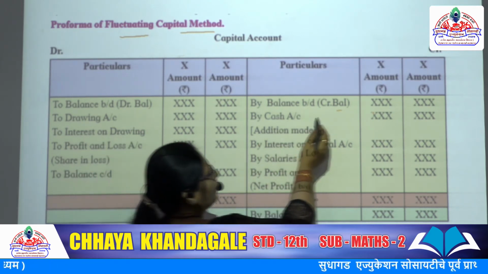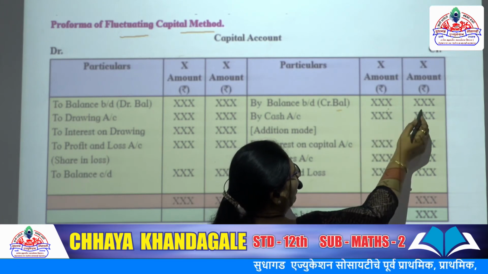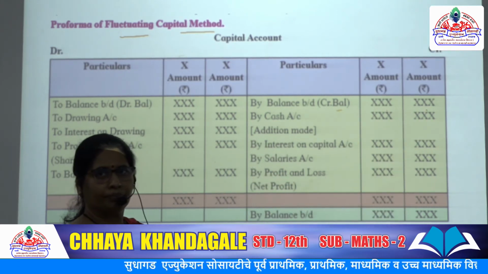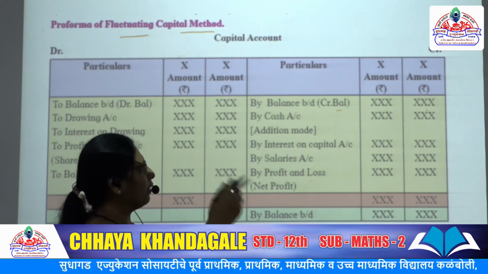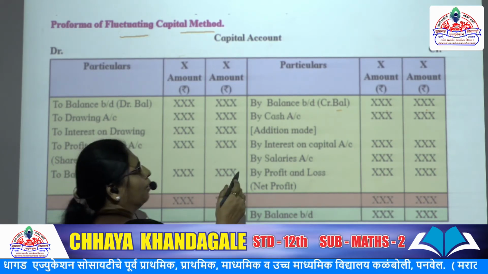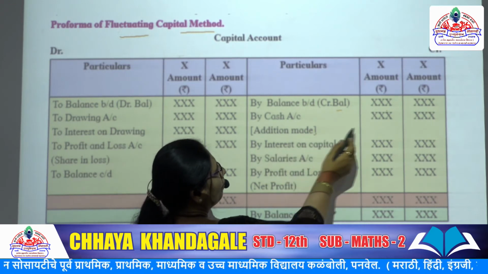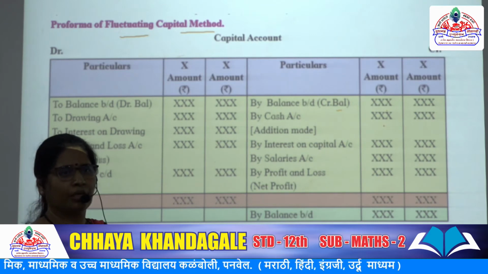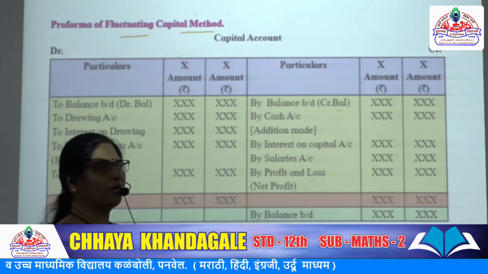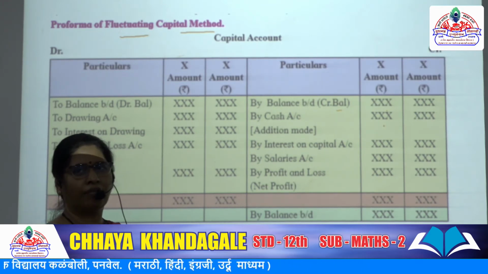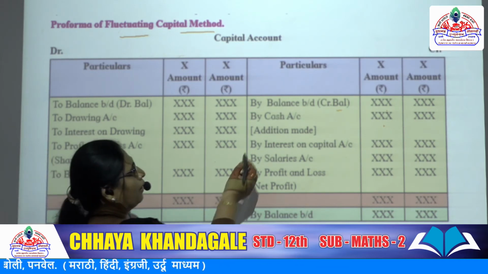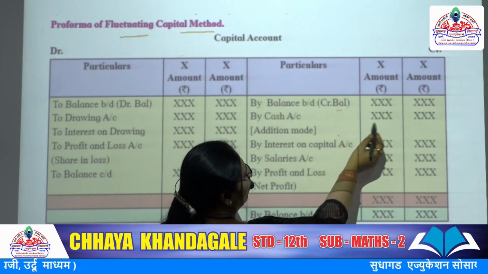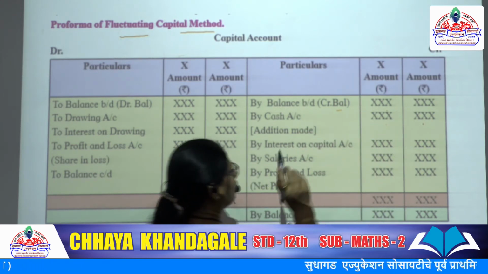So by balance brought down, whatever amount they have brought in will be written in their particular column, Ashok, Amit, whatever the name may be. If additional capital is brought during the year, suppose on 1st July they introduce additional 50,000 and 25,000, then that is going to be written as by cash, additional capital brought in 50,000 and 25,000.